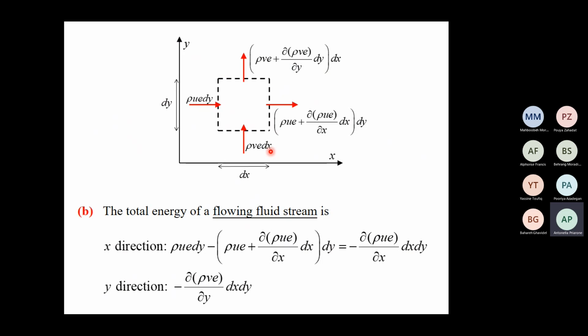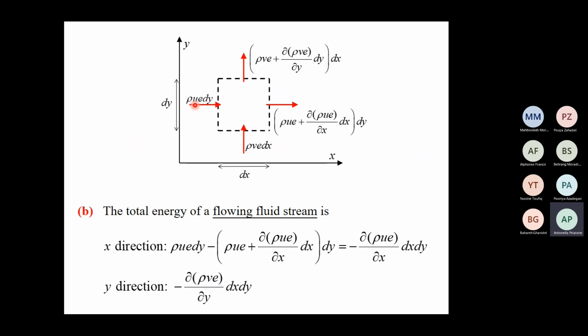The energy content associated to mass flow rate will be E, the energy per unit mass, multiplied by the mass flow rate. Mass flow rate is always density by velocity by area.